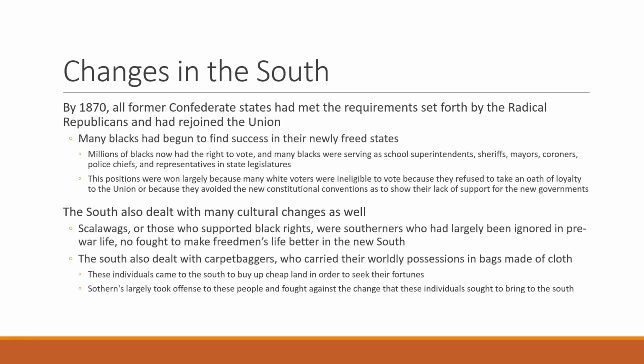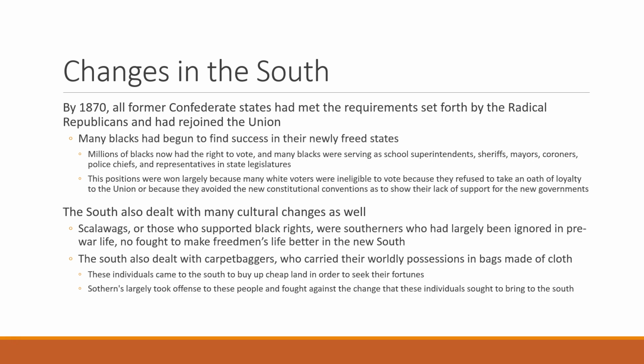So a lot of these offices are won largely because white citizens aren't voting. And later on, when these individuals get the right to vote back or choose to exercise that right, a lot of these offices that had been won by African Americans very quickly disappear.